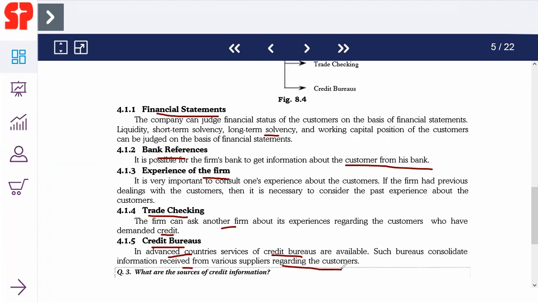So normally these are all the popular things. You can take the financial statement of the customer. You can take the letter of credit, bank reference from the customer's bank. Then past experience also you can use. And most important is you can check from your trade circles, business friends, etc., about the customer.